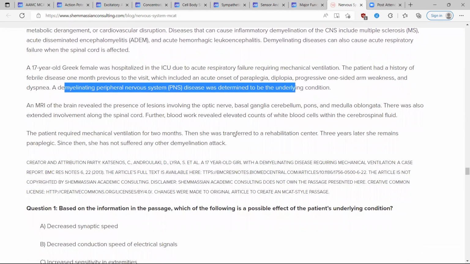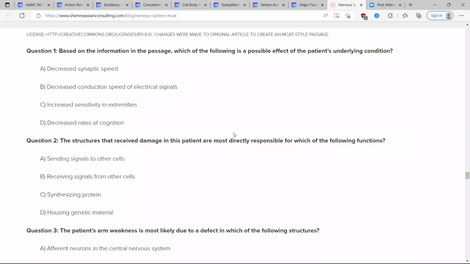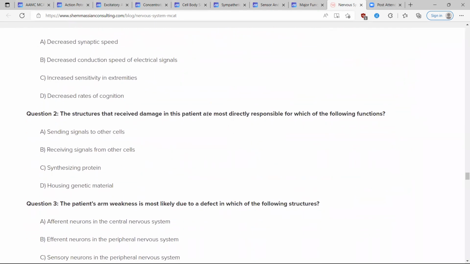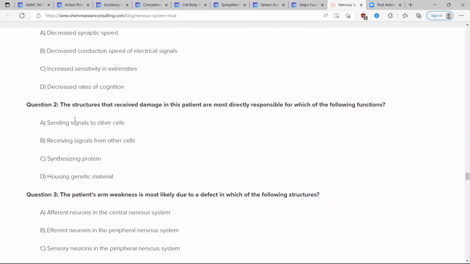So once the myelin is impacted, which function was messed up? Synthesizing protein and housing genetic material are just distractors. We have sending signals and receiving signals.